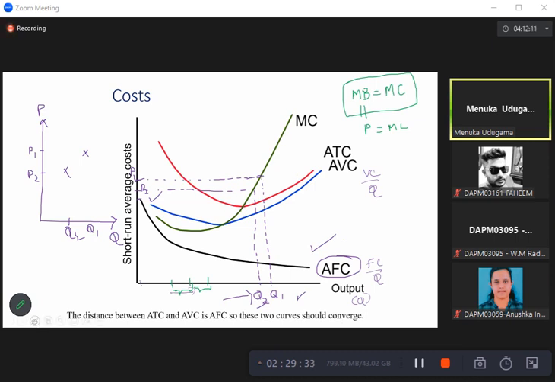Now, if I draw a line connecting these points, what do we call this line or curve? Have you seen this graph before?